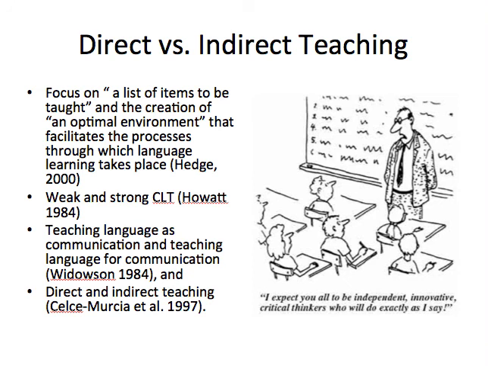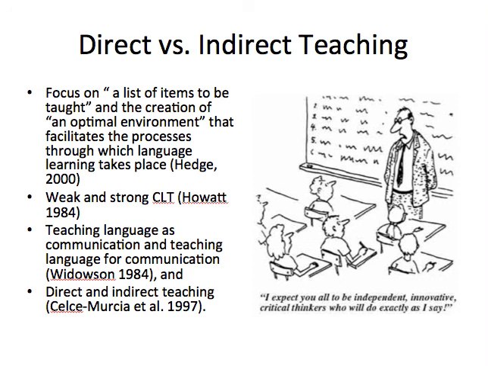Another way of describing this has been the distinction between weak and strong communicative language teaching. A strong communicative language teaching would be more focused on communicative practices, pair work, group work, whereas a weak approach is more concerned with the grammatical and functional ways in which we achieve those particular communicative goals.